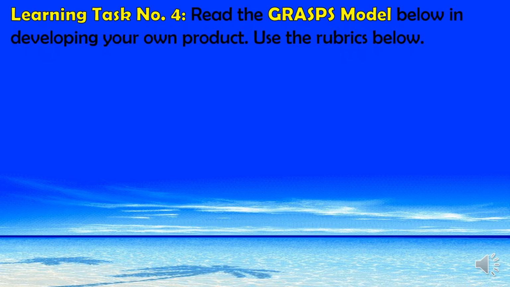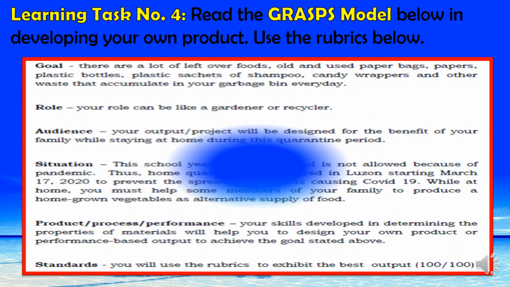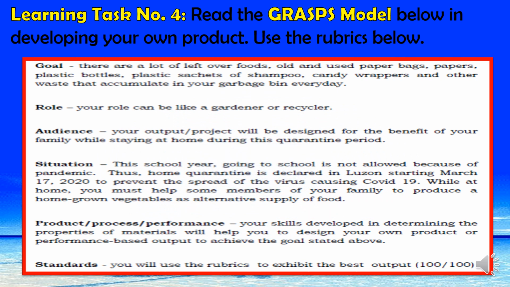For learning task number four, read the GRASP model below in developing your own product. Use the rubrics below. Okay, so again, you will follow the GRASP model. So G for goal. There are a lot of leftover foods, old and used paper bags, papers, plastic bottles, plastic sachets of shampoo, candy wrappers, and other waste that accumulate in your garbage bin every day.